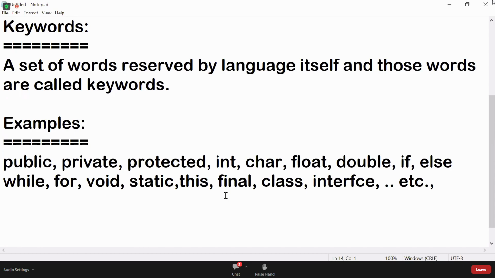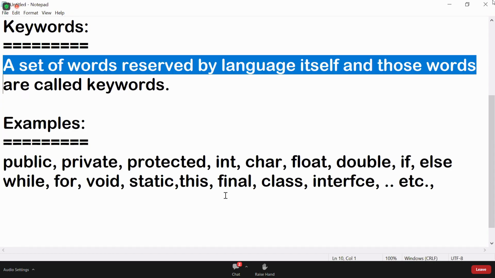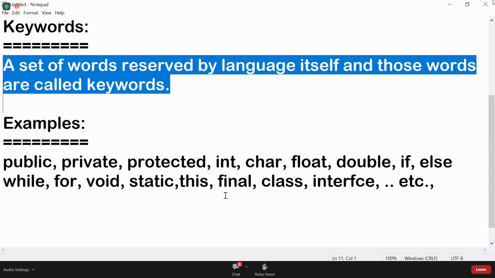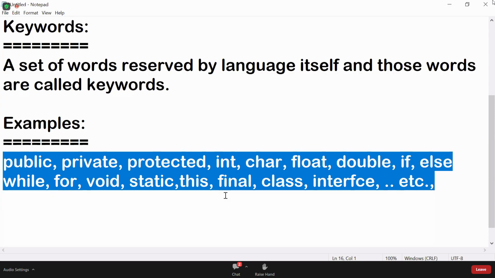Now, a set of words reserved by language itself, and those words are called keywords. Writing program purpose, some words are reserved. Some examples I gave here.